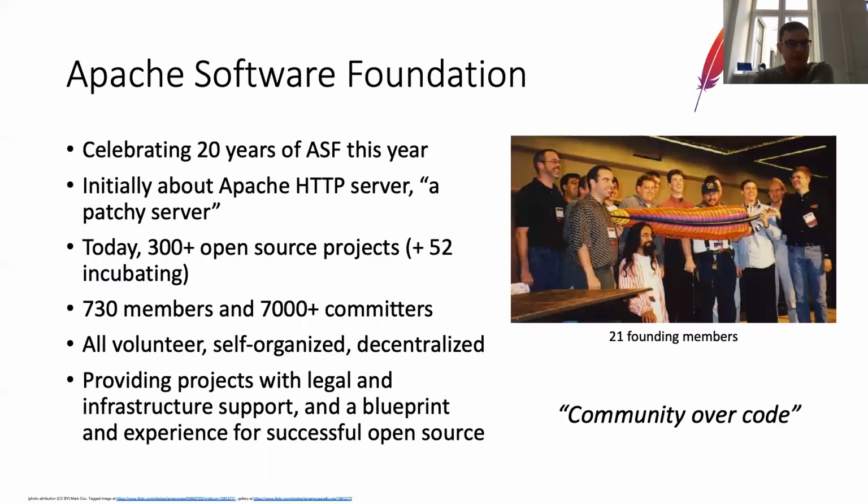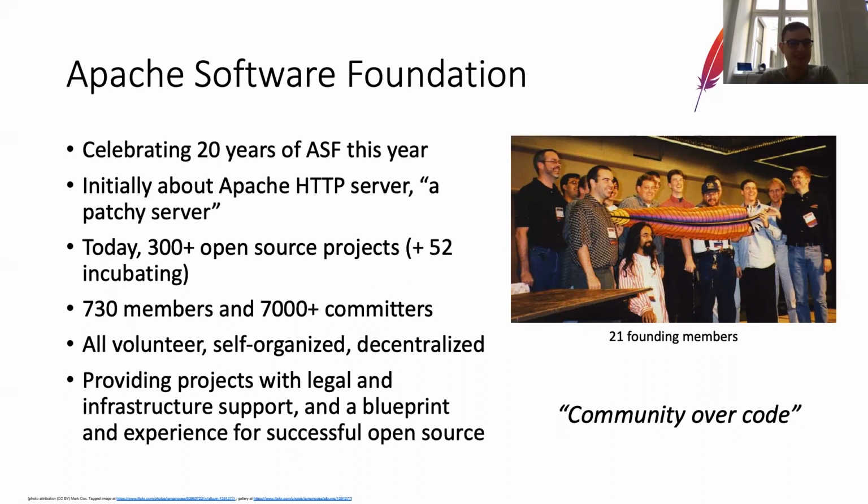The Apache Software Foundation is celebrating its 20th birthday this year. It has been founded around the Apache HTTP server, and some people say that the name Apache comes from the Apache server, because it consists of many small patches. Patches are what pull requests are today.